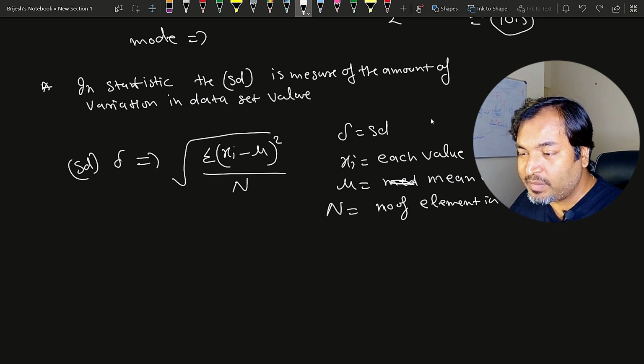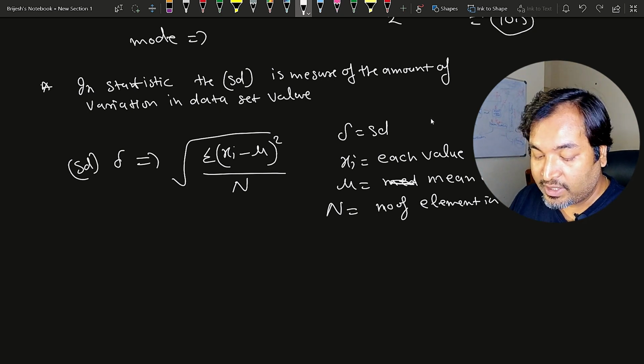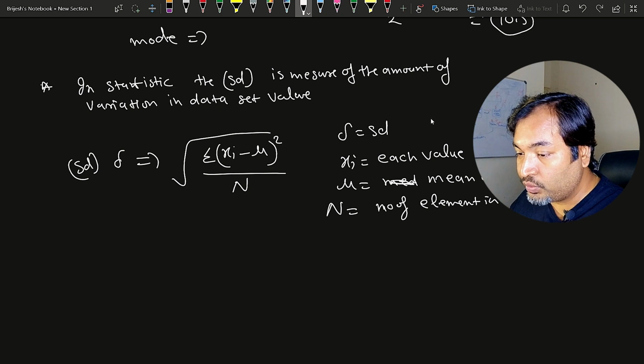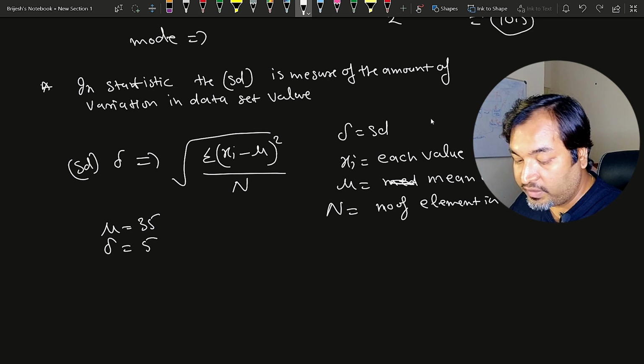Now let's take an example and try to understand what it refers to. Say you have mu equal to 35 and standard deviation is 5.